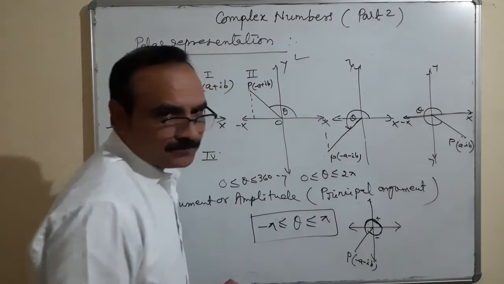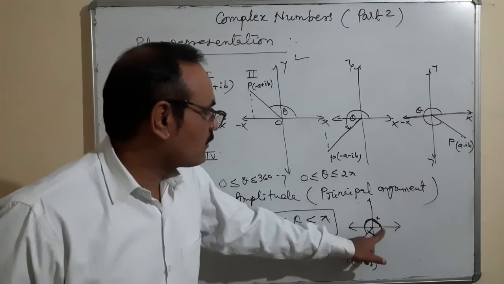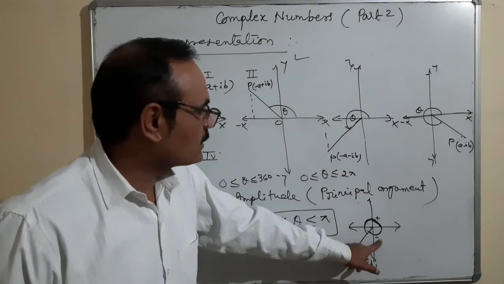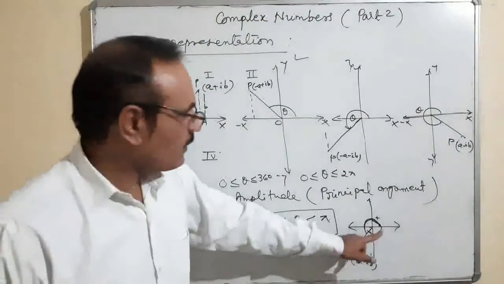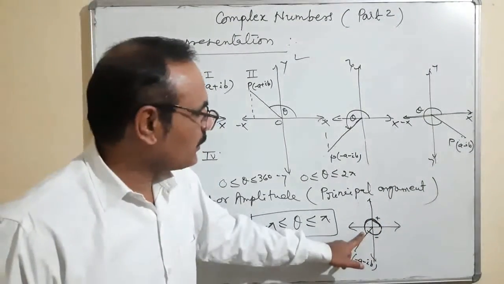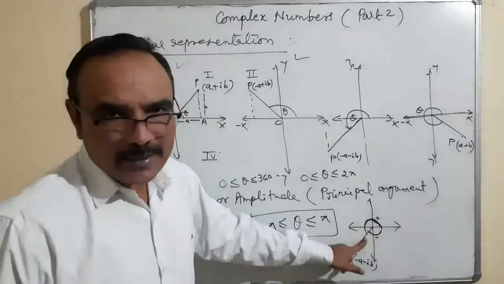This is theta. So here theta is coming from here to here. This is minus pi and minus pi plus this portion. What is the value of this portion? Suppose this complete term is theta, and what does it mean? This is 2 pi minus theta up to here, 2 pi minus theta.